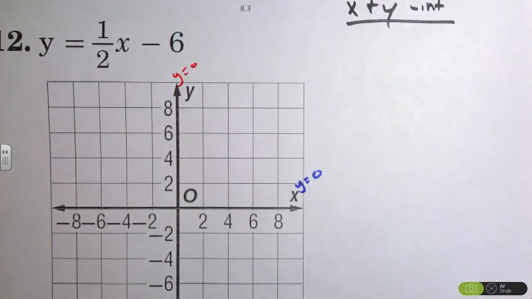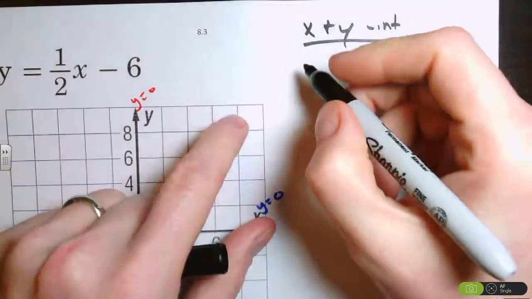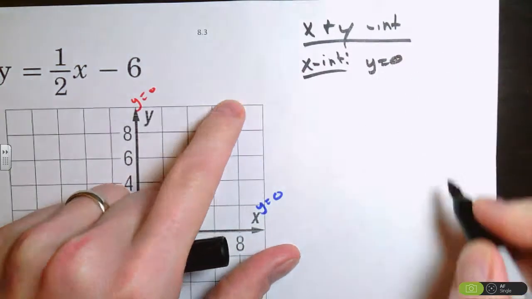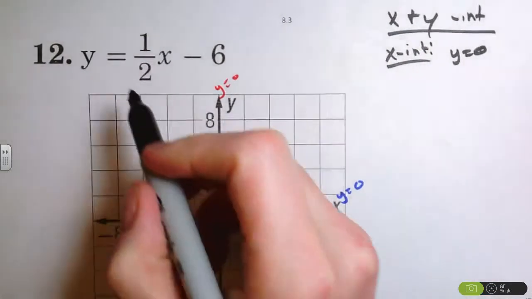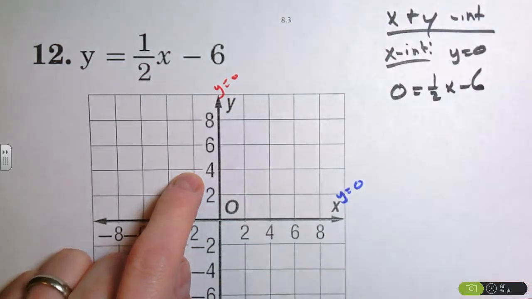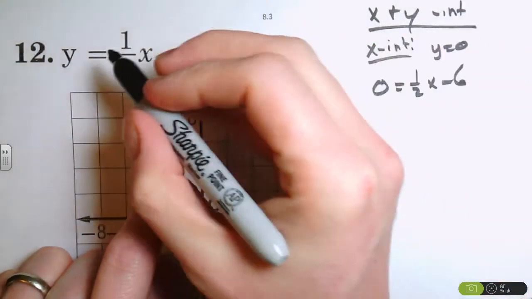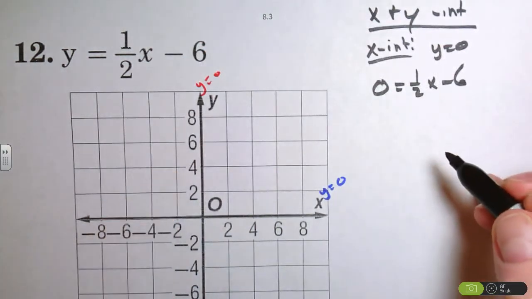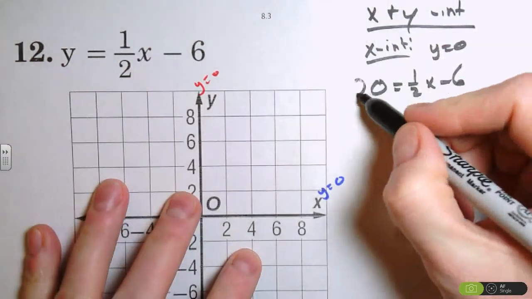So to find our x-intercept, set y equal to 0. We go to this equation: 0 equals 1/2 x minus 6. Now I'm going to solve for x. The first thing I would do personally is double both sides.